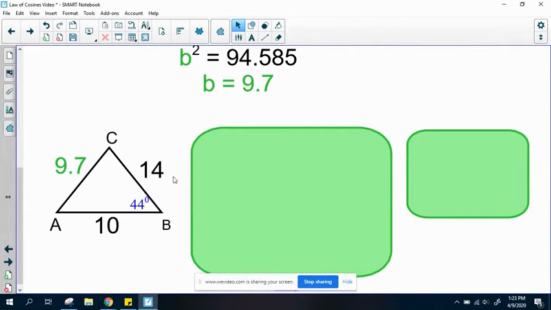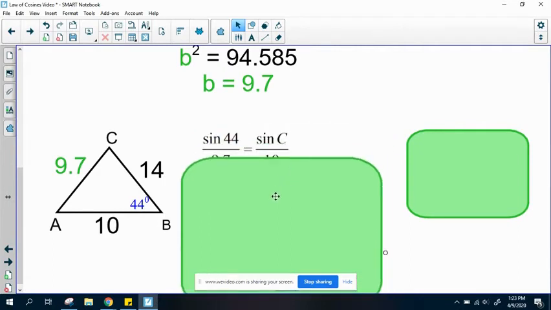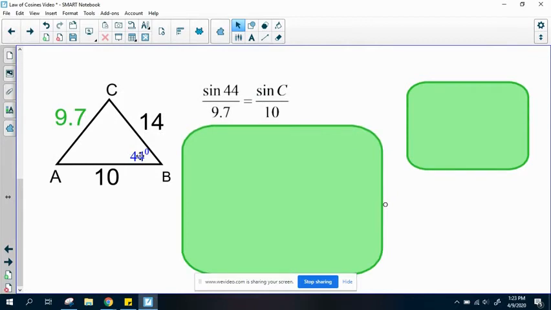And now that I have all the sides, I can use law of sines again to find this angle. So I'm going to pick angle C. So I'm going to set up my proportion. The sine of the angle over the side length is equal to sine of C. I don't know what that is, but that's what I'm going to try to find. I'm going to try to find this angle here over 10. Now I'm going to cross multiply.